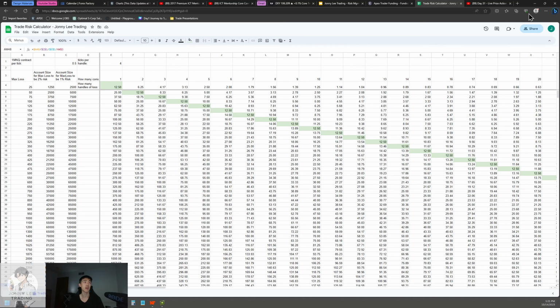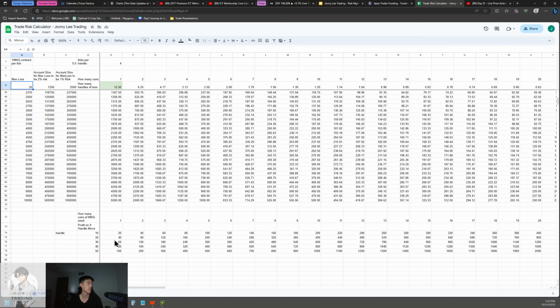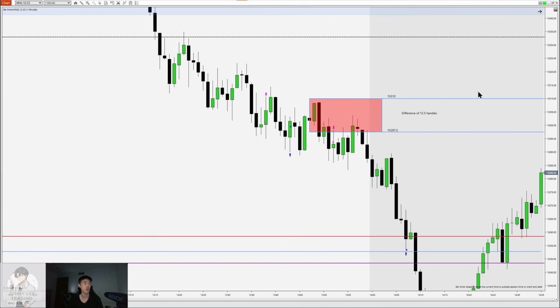And speaking of looking at charts, let's see this one micro in action. So remember, I'm looking at a stop loss of 12.5 handles for a potential 1 to 3 risk to reward ratio of $75, right? So let's take a look at the charts.